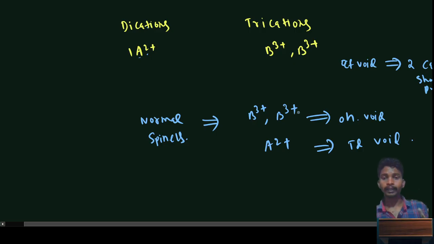If 2 trications are present in the octahedral voids, then it is called the normal spinel, and the dication goes to the tetrahedral voids.